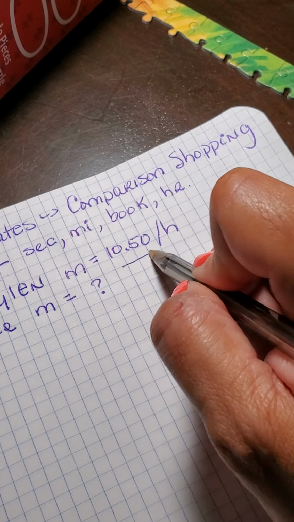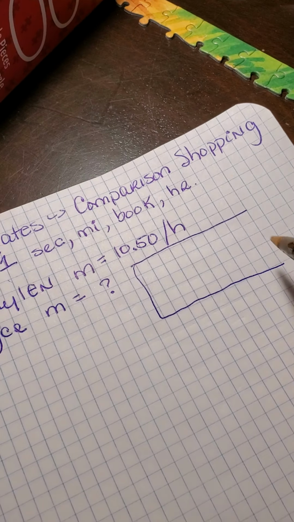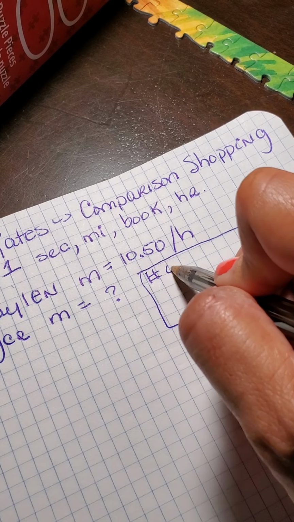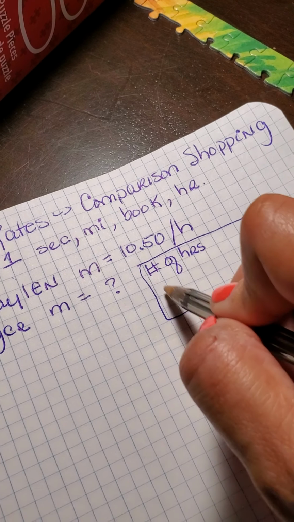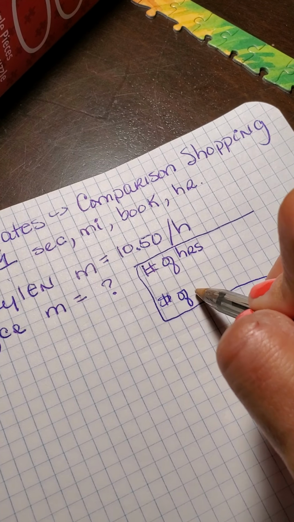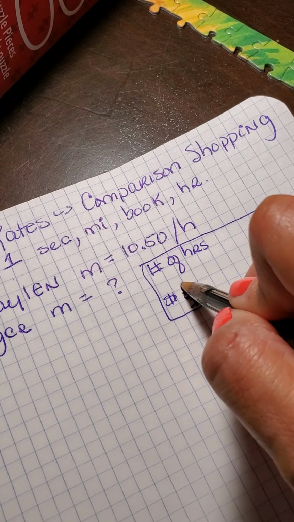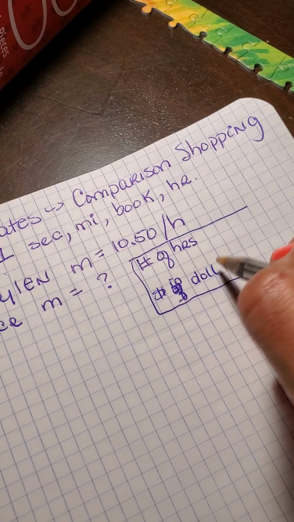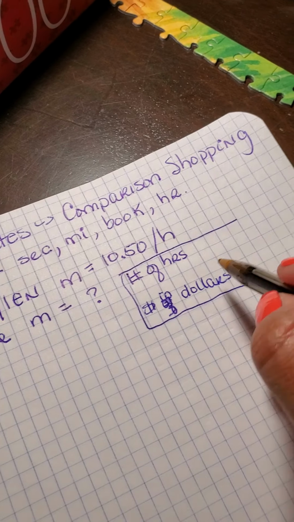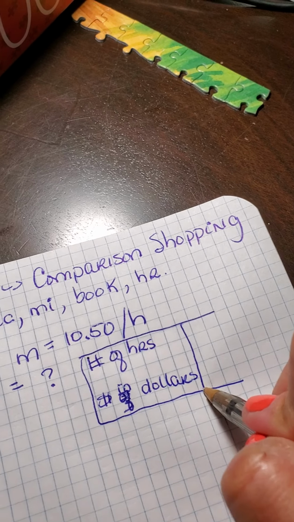So the table that they give us gives us the number of hours that Tice works, and the money. They have money in dollars. I don't know another way that you could write that, but that's what they have here. So, number of hours.